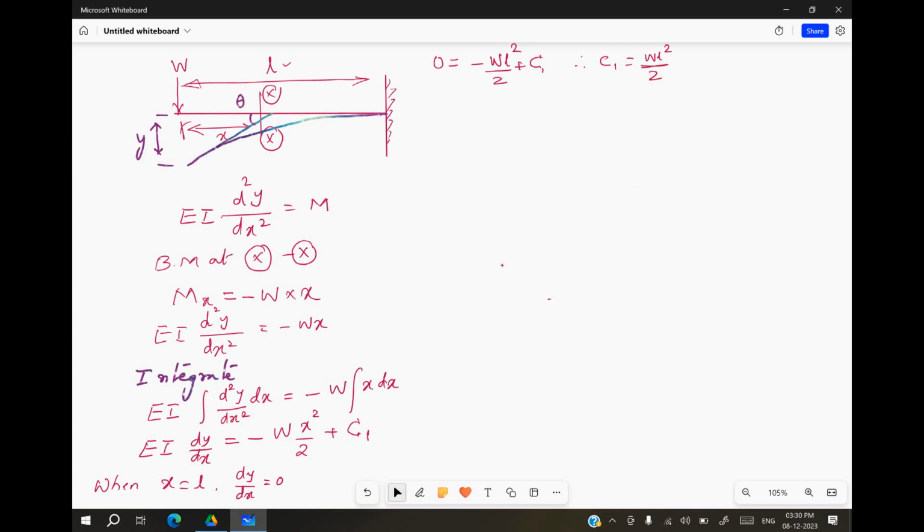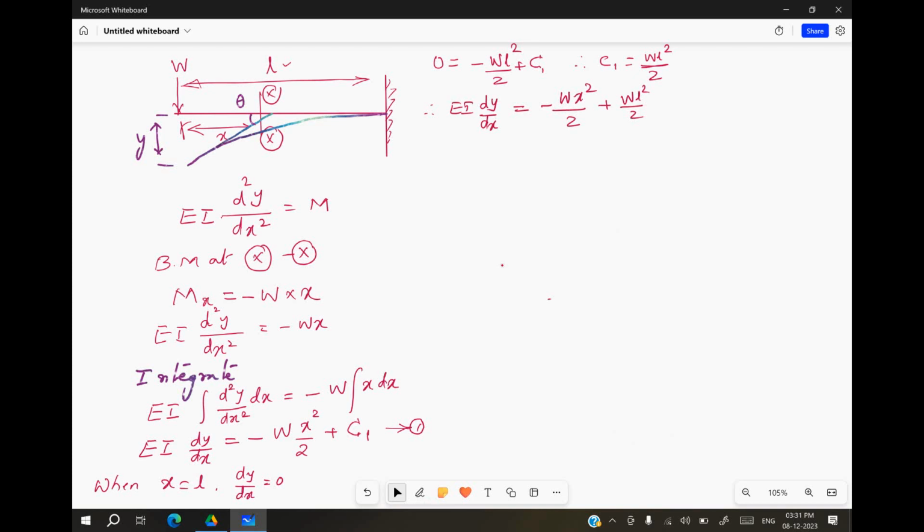Now I will use this in equation number 1. So EI dy/dx is equal to minus Wx²/2 plus WL²/2.